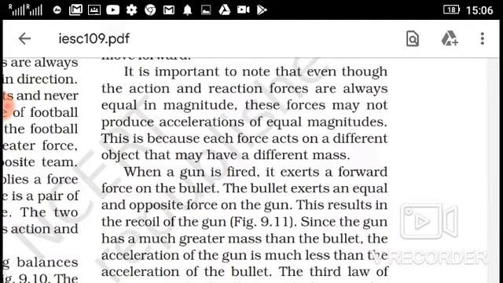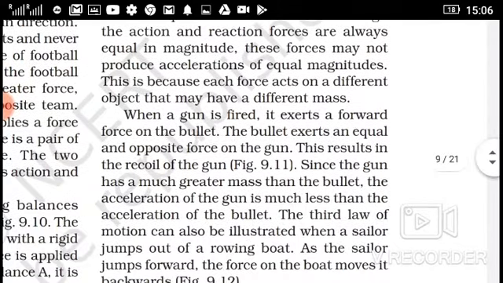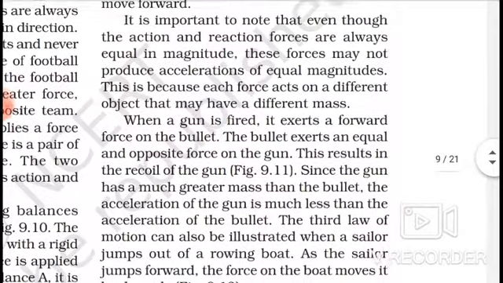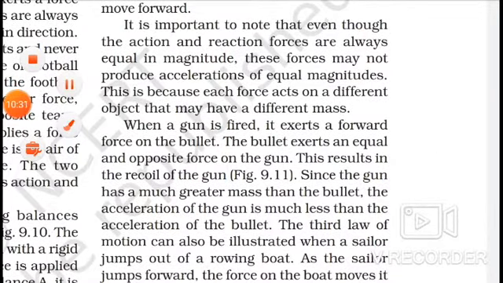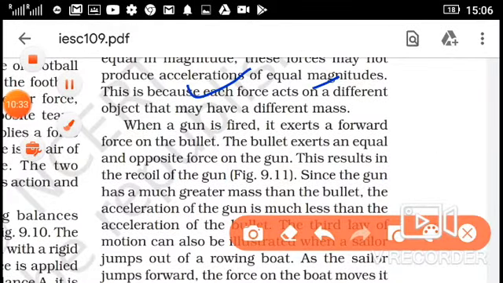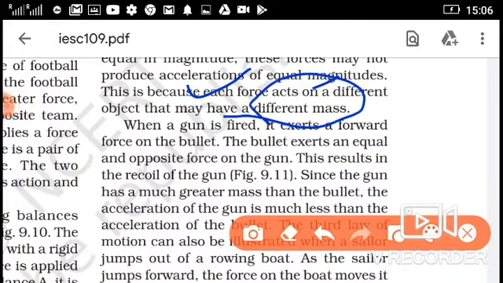Why do they accelerate differently? Because each force acts on a different object that may have a different mass. The gun has more mass, so it accelerates less, and the bullet has less mass, so it accelerates more.